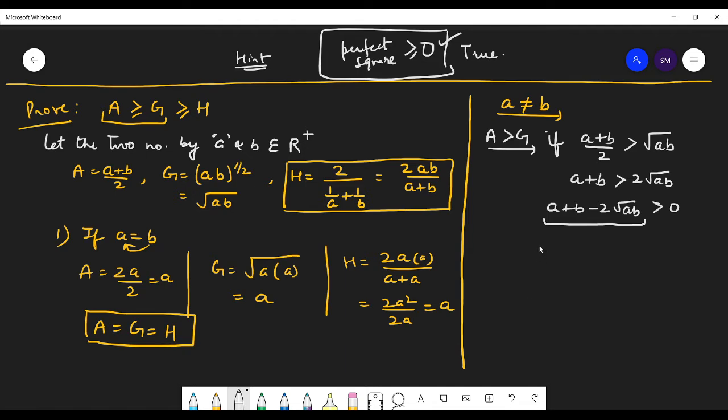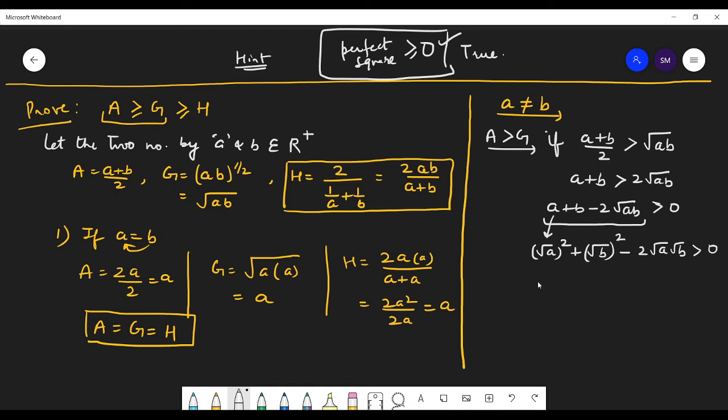Squaring both the sides. Yes. Under root A minus under root B whole square. You can write a as under the root a square, and b as under the root b square. And then you have 2 under the root a under the root b, which is greater than 0. Agreed?